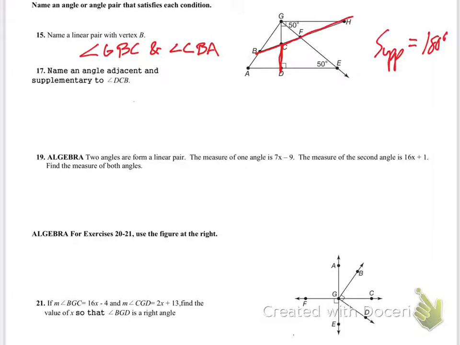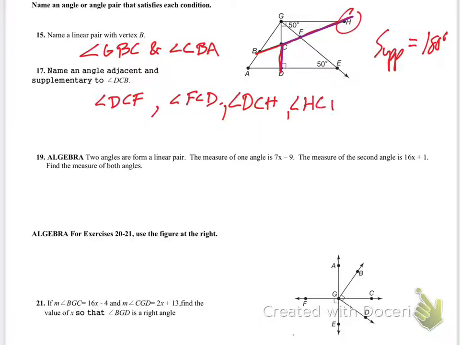So while there could be different answers, we just know that this right here is going to be what makes it supplementary and adjacent. So while there could be several answers, it could be DCF. If you flip that, it could be FCD, but then you can also incorporate the H here. So you could do DCH or HCD.